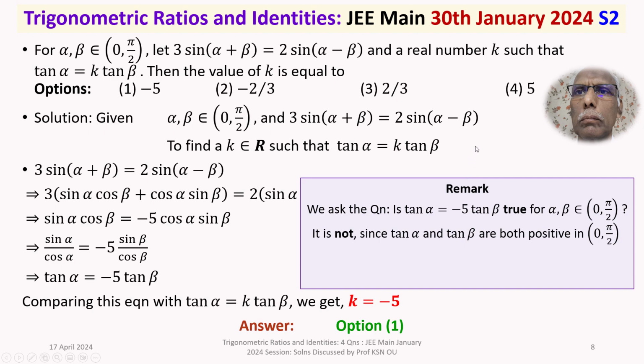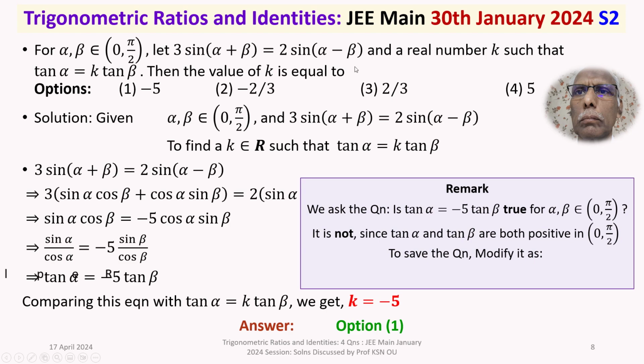So to save this question, I suggest a modification. What is the modification? This phrase, for alpha, beta belongs to the open interval 0 to pi by 2, you replace by for some alpha, beta belongs to R. There exists some alpha, beta belongs to R, a pair alpha, beta, at least one, such that this happens.